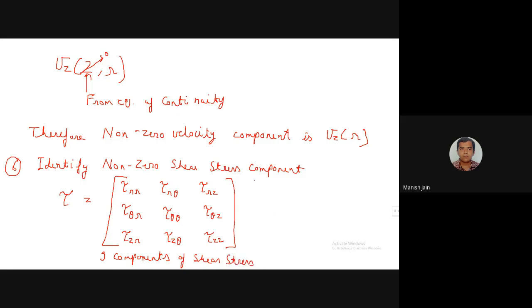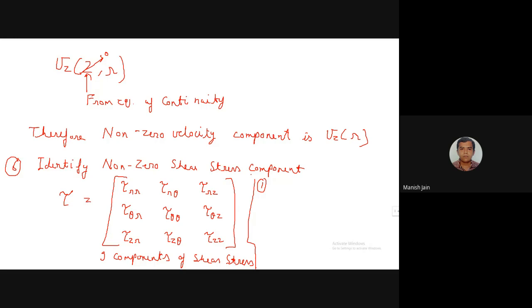Now you have to remember two things. First indices in the shear stress represent the direction of surface when you write in form of the force.